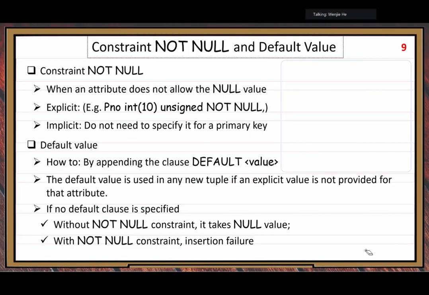You have to get this value resolved before you can do a successful insertion. That's simple, just based on natural logic. So you can easily understand how to use the not null constraint together with default value.